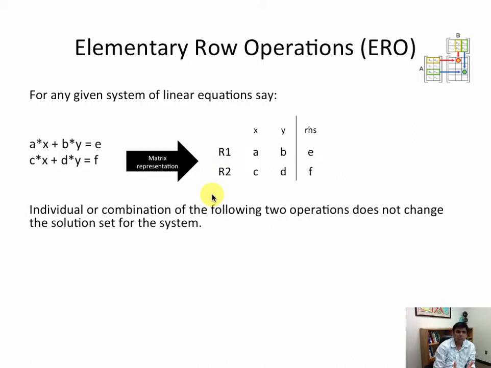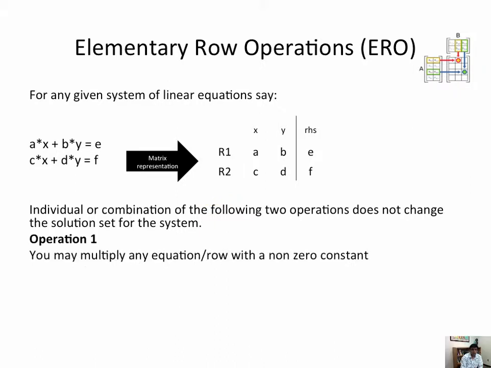Now there are two operations that we want to always remember, and these two operations do not change the solution set of the system. If we multiply any equation, or in our case of the matrix any row, by a non-zero constant, then the solution of the system of linear equations does not change.